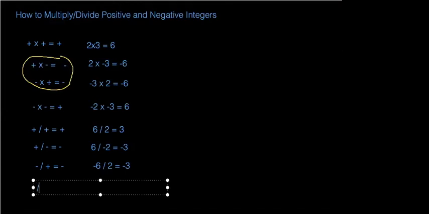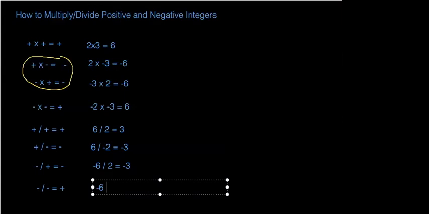So we have a negative divided by a negative, and that's going to happen to be a positive number. So that one might be a little more confusing, but it's similar to this: negative times a negative is a positive. A negative divided by a negative is also going to be positive. So if we have negative 6 divided by negative 2, we're going to get a positive 3. Okay, so those are the rules.